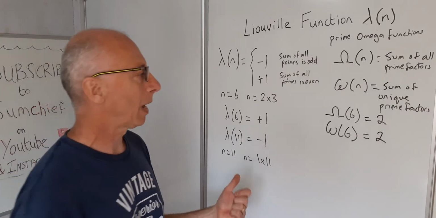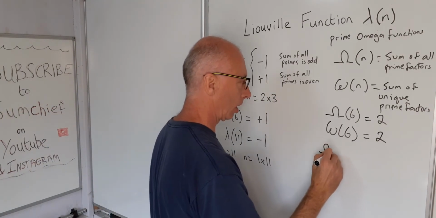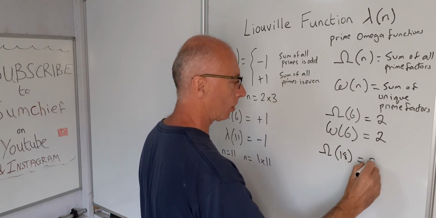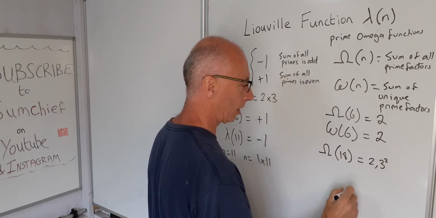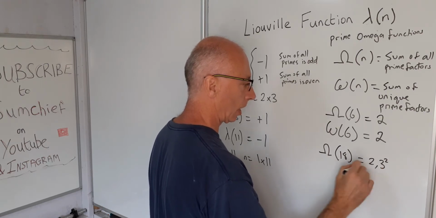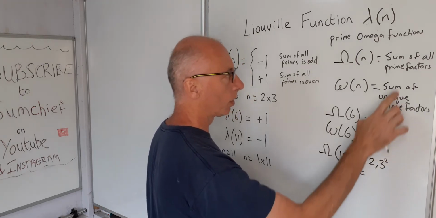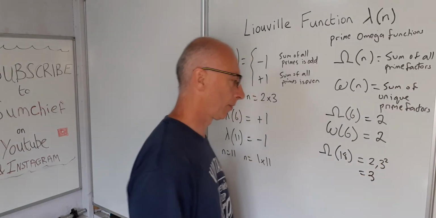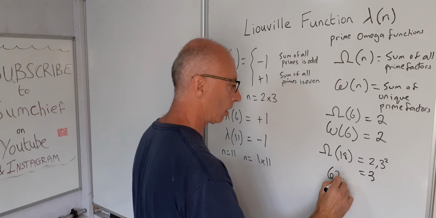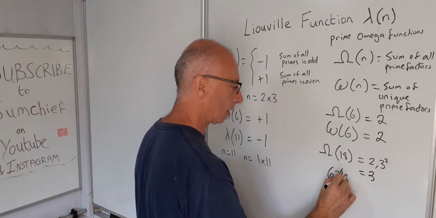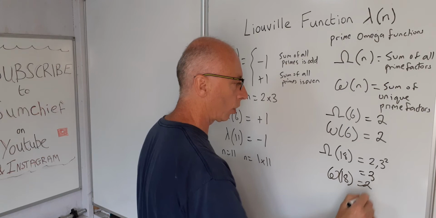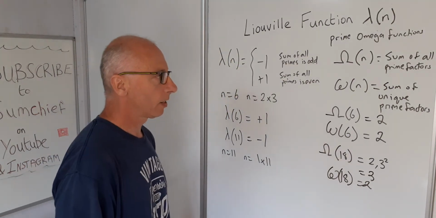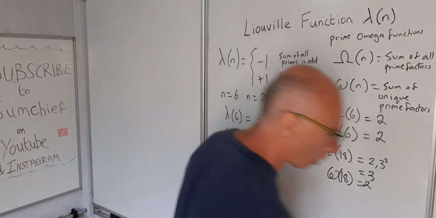Now if we take the number 18, the prime omega function of 18, this is made up of 2 and 3 squared. So this one would equal all the prime factors, 2, a 3 and a 3, so that would equal 3. Whereas the lowercase version of 18 would equal 2, because it's only a 2 and a 3. Okay, so that's how we work with the prime omega functions.